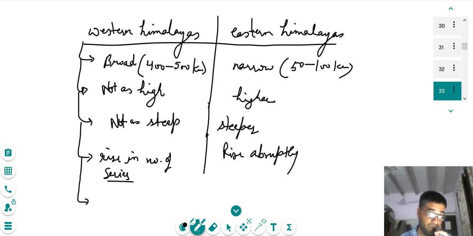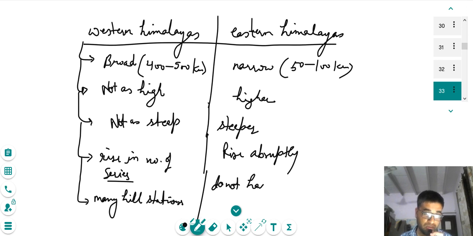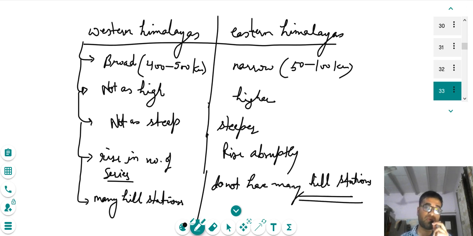The Western Himalayas have many hill stations. The Eastern Himalayas do not have many hill stations. So these are the physiographic differences between the Eastern Himalayas and the Western Himalayas.